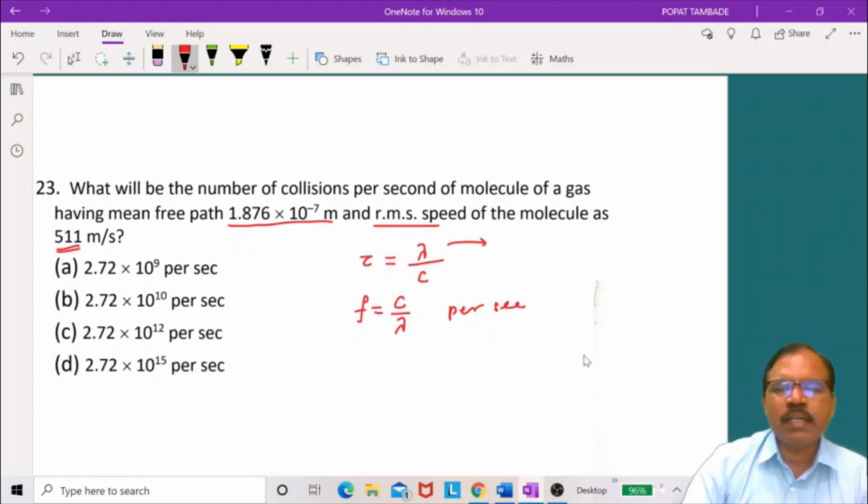Lambda is in meter, velocity is in meter per second. So F is C upon lambda.